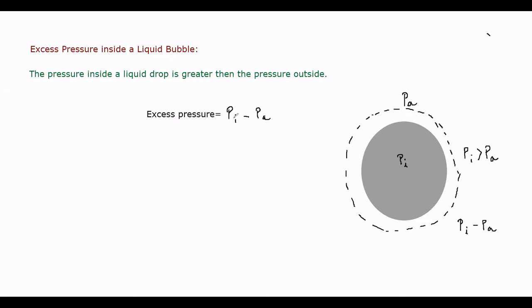So for that, whatever we have assumed, we can write PI is equal to the pressure inside the drop or the liquid bubble, whatever you can tell, that is all fine.